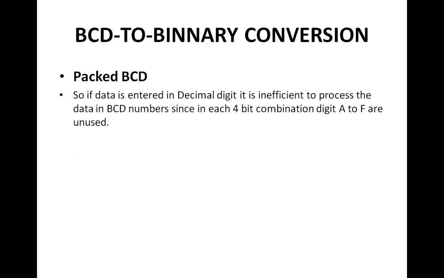So the conversion of BCD to binary is an important aspect, and that is why we are going to write a program which converts a BCD number into a binary number.